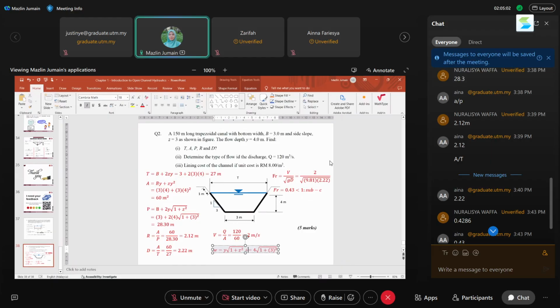Sorry, this one tambah 1. Okay. So yang this equation Y times square root 1 plus Z square, this one the side length for the yang hitam ni saja. Okay, which is the length yang touch the water, maksudnya yang bersentuh dengan water sajalah.